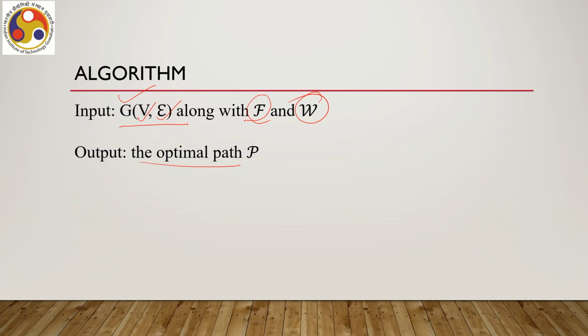The output that we want is this optimal path P, where F is maximized and the total travelling time is less than the threshold, travelling time plus wait time. Earlier we talked about only travelling time, but now we also have to take into account the wait time. So, travelling time plus wait time, which together represents the total exposure time, must be less than the time threshold.